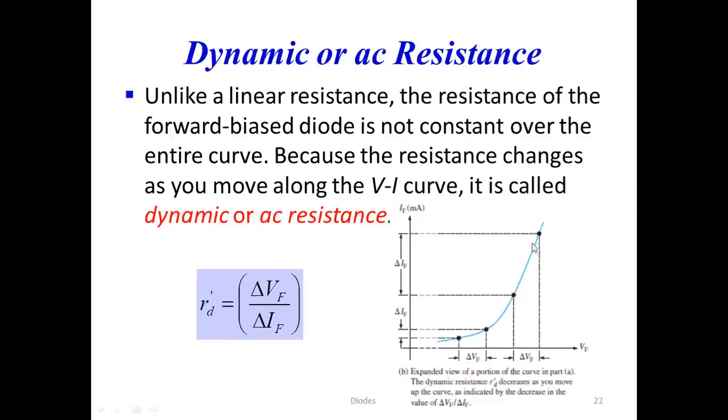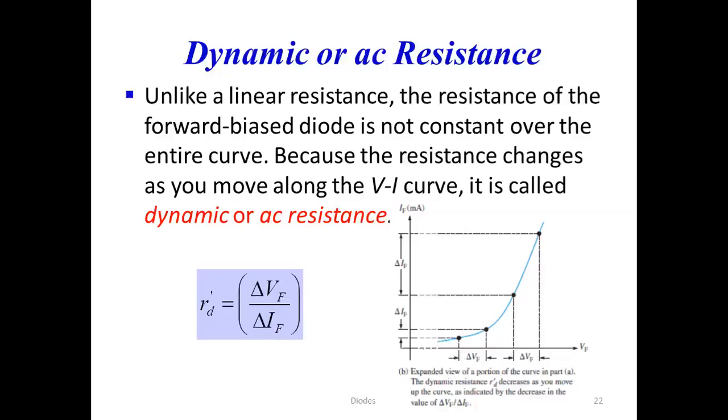If you see this curve, at this particular point, for a little change in forward voltage, there is a drastic change in the forward current. So as you go in this direction, your resistance value is reducing.